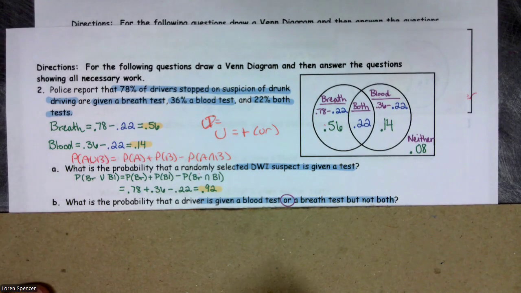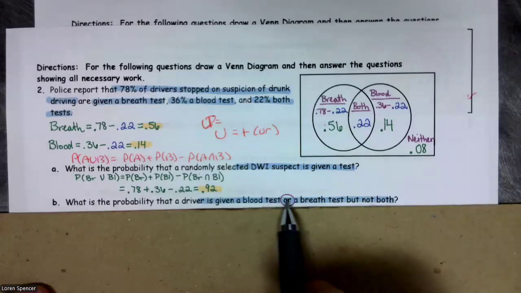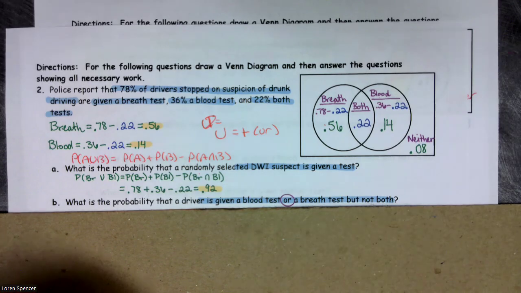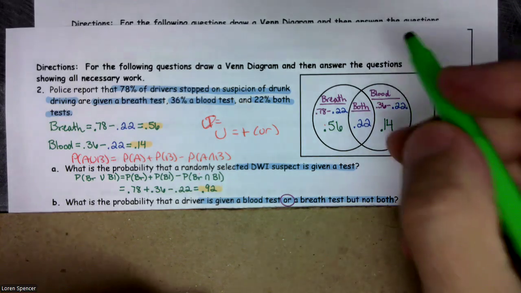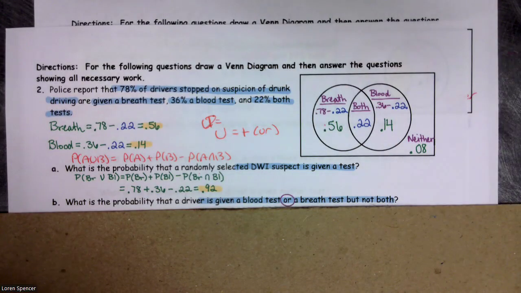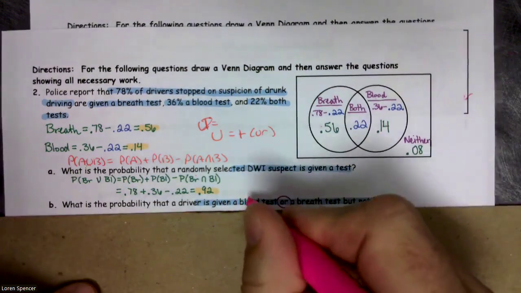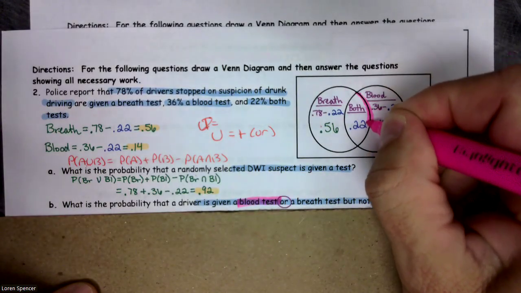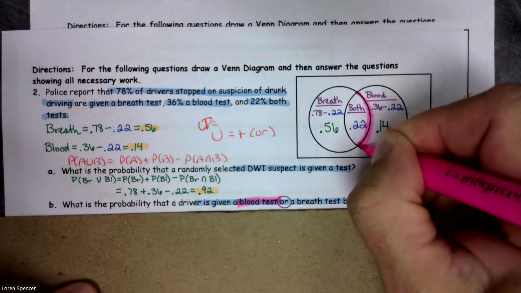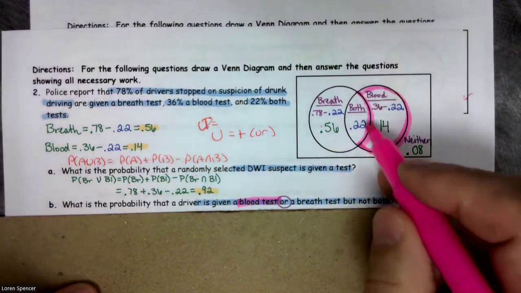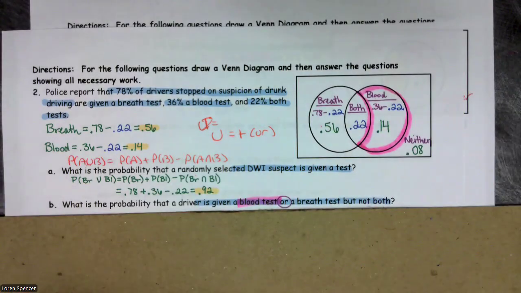What is the probability that a driver is given a blood test or a breath test, but not both? Well, there's a couple ways to look at that. First off, we're looking at a blood test. That's the first thing they asked for. So blood test is right here, but we didn't want both. So the probability of a blood test, but not both, is 0.14.